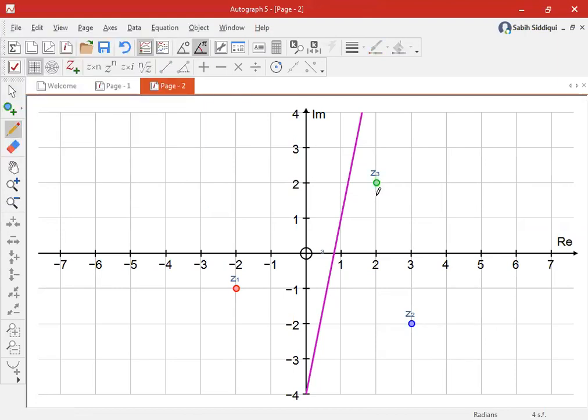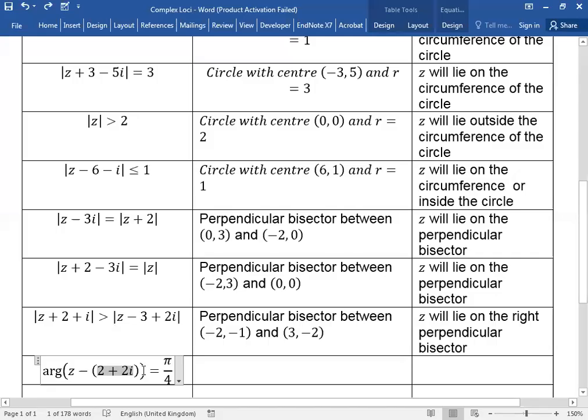Now if you take this and you draw a half line and you measure its angle from the horizontal, this is what we call argument. We just discussed it. And where will z lie? That is what we need to understand.